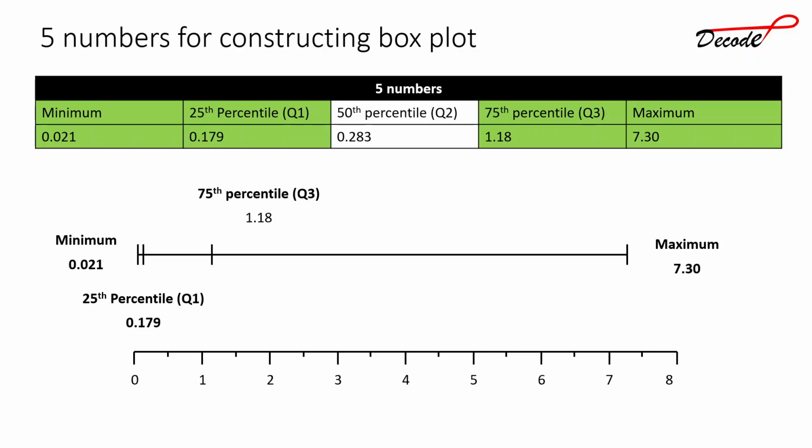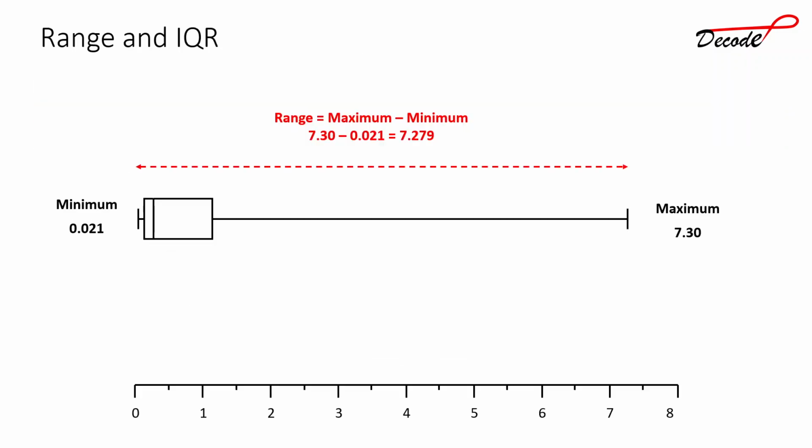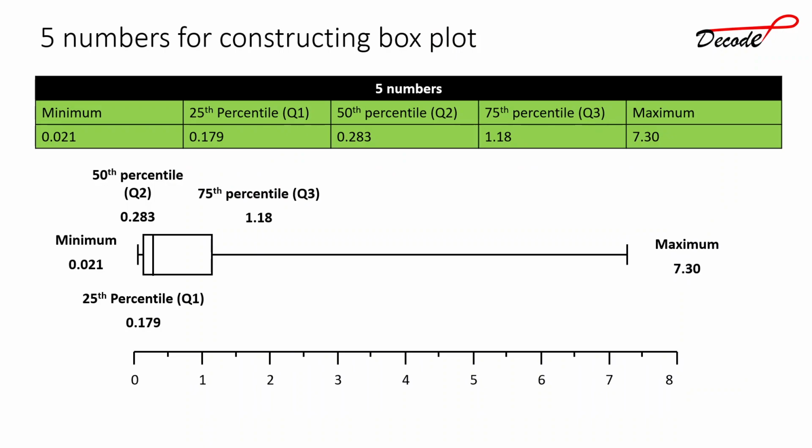After marking these two values, we will have a box indicating the middle 50% of the values. Then we will locate the 50th percentile at 0.283. The final box plot is shown in this slide. The final box plot illustrates the minimum value, the maximum value, the 25th percentile, 50th percentile, and 75th percentile.